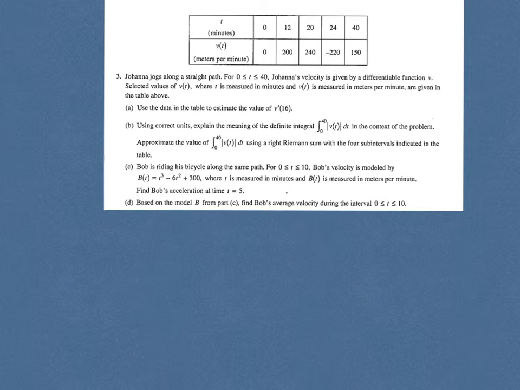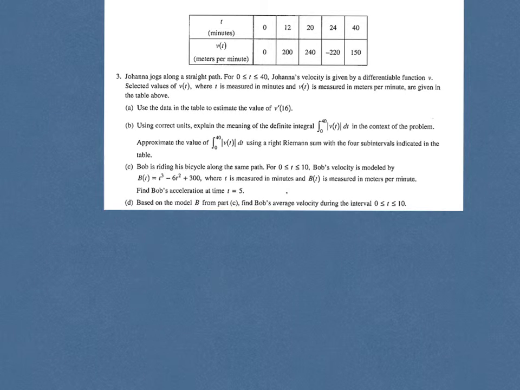Now they're using a number that's halfway between two of the values they give you. In this case, you know the velocity at 12 and 20, and 16 lies right down the middle. So a good estimate of the acceleration at t equals 16, which is the derivative of velocity, is just finding a slope.